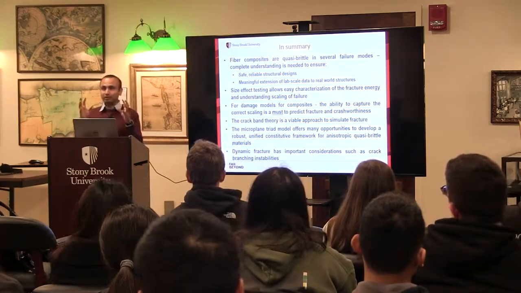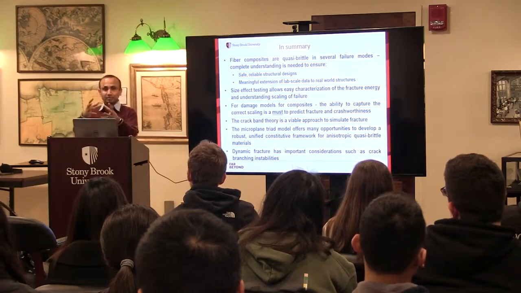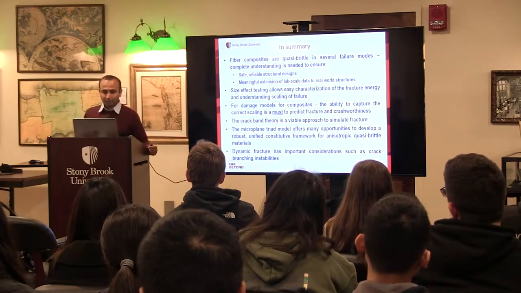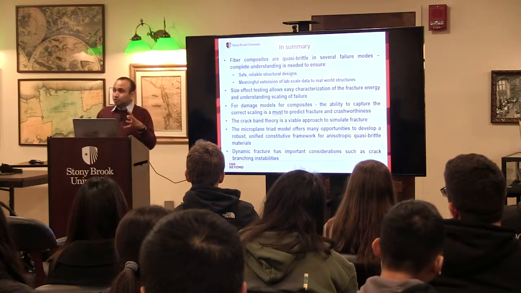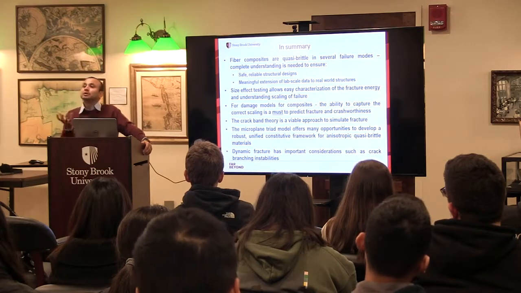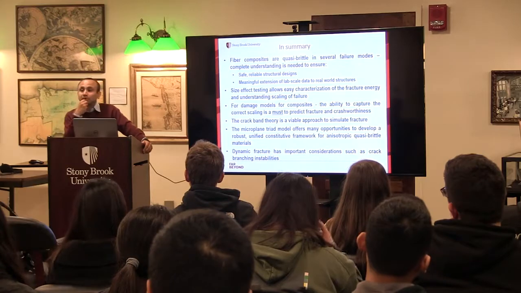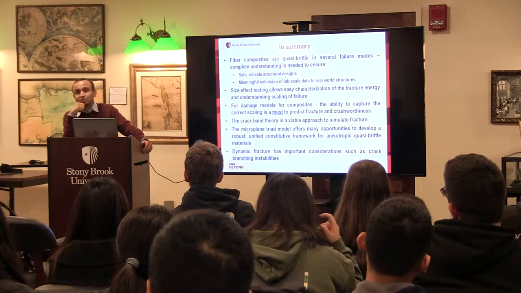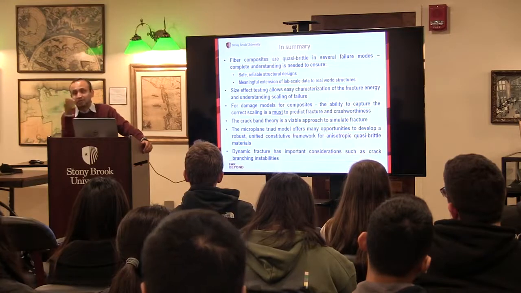So you can correctly interpret and correctly extrapolate lab to real world. And then for damage models, when you develop models for composites, the model must be built on these concepts, and it should also then be ready for scaling correctly. So then you can apply it confidently to any structure of any shape and size.